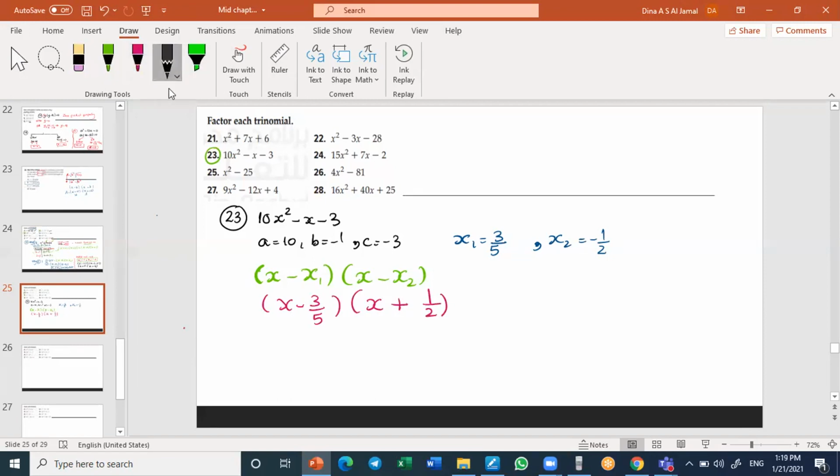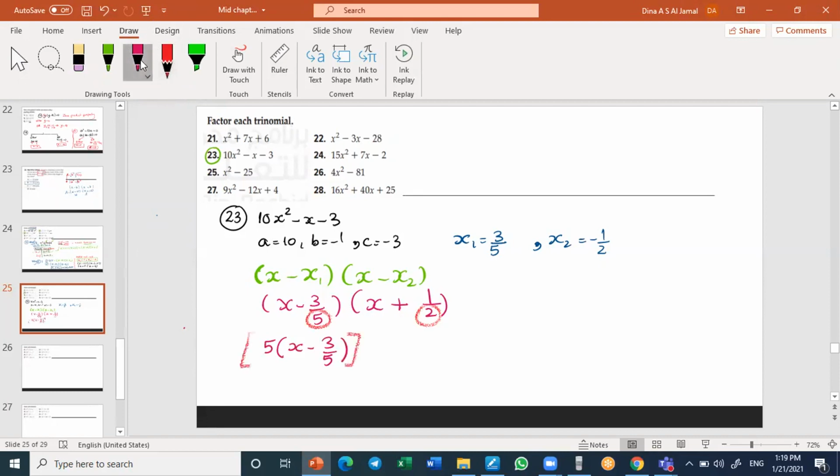Now pay attention. I would like to get rid of whatever is in the denominator. That means I will be multiplying by the denominator for each bracket. It's like you imagine that you are erasing the denominator and multiplying it by x with keeping the numerator alone. So let me just explain it here. 5 multiplied by x minus 3 over 5, as if you didn't do anything.